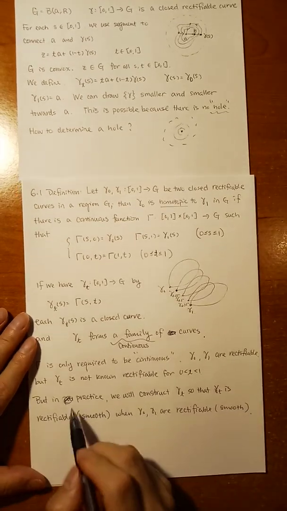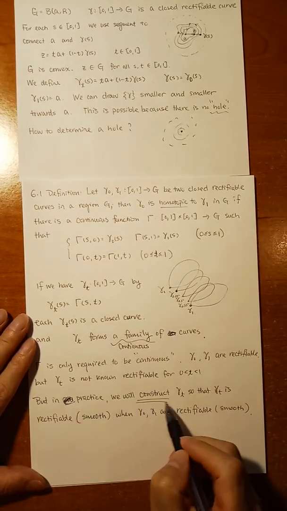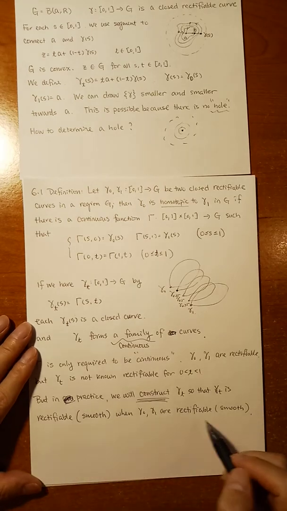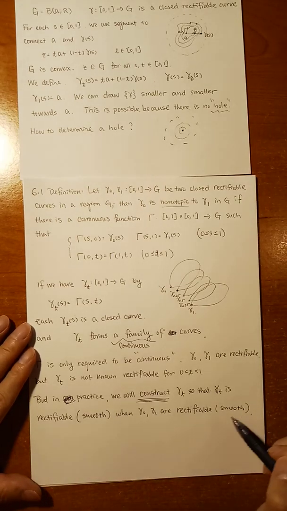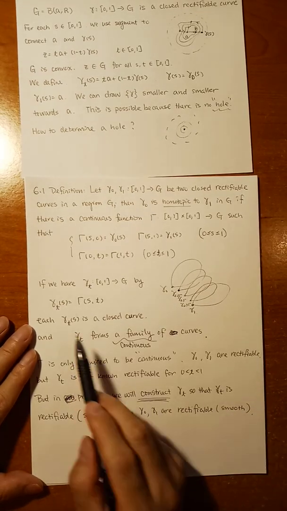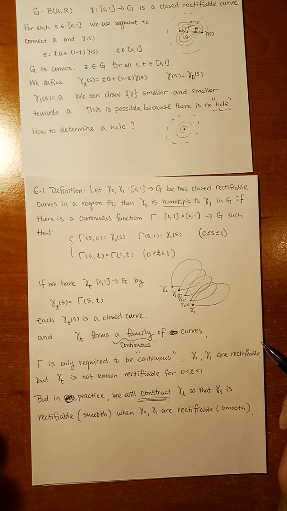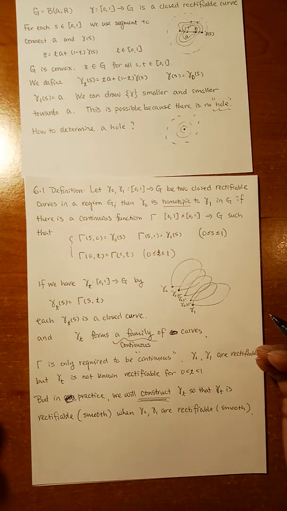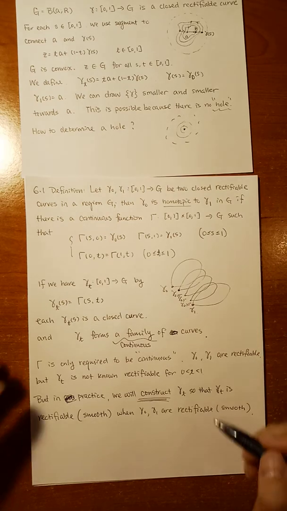Again, in practice means our construction will satisfy this condition, but the definition does not require it. The definition does not give us gamma t rectifiable or smooth. We just have a continuous map, and that's enough.